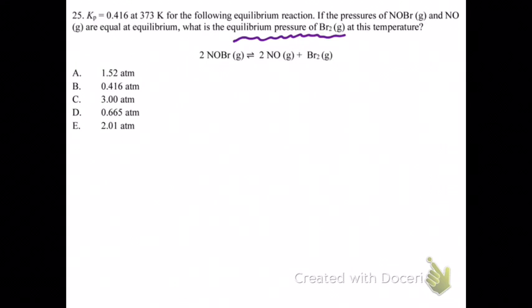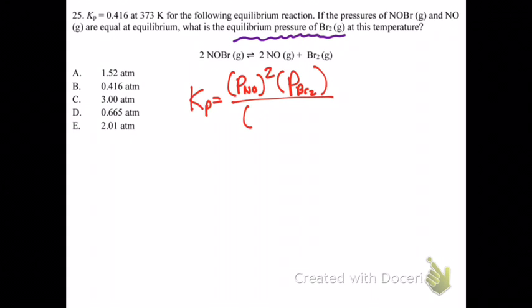The Kp is going to be equal to the pressure of products to their respective coefficients. So pressure of nitric oxide squared times the pressure of Br2 over reactants. So the pressure of NOBr squared.